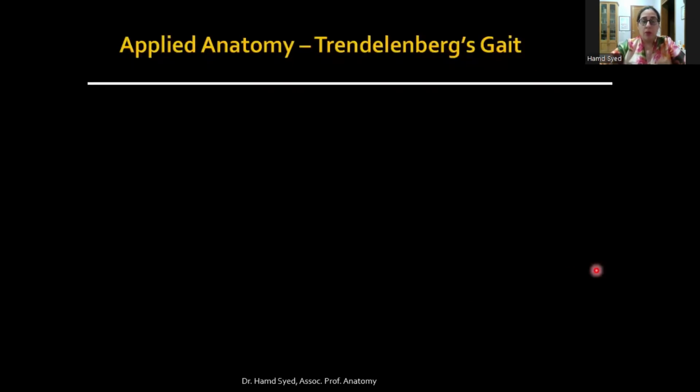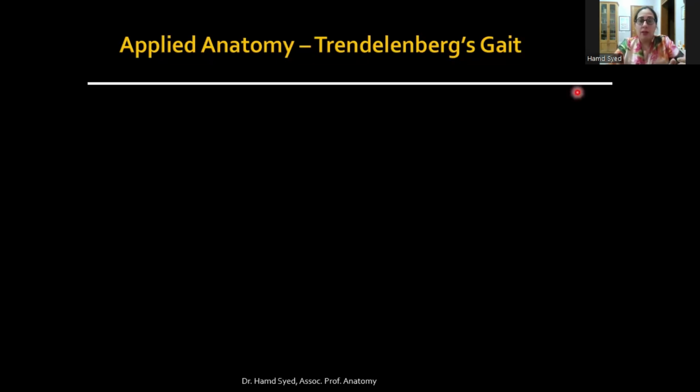Now, the applied aspect, when we're talking about the gluteal muscles, a commonly asked question during the exams, or if you're a medical student, then you might also be expected to examine the patient and identify the condition, which is Trendelenburg's gait.